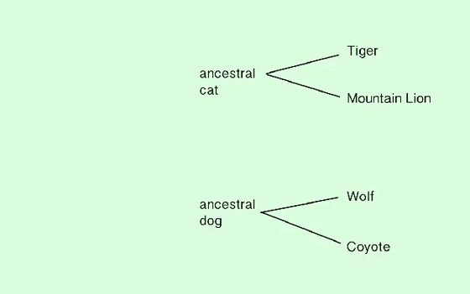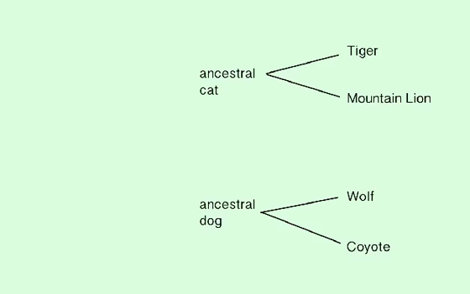Similarly, on the wolf side, we've got today two different species, wolves and coyotes. And you don't have to go back that far in time to find a time and place where wolves and coyotes were not there yet. There was no wolf distinct from a coyote.